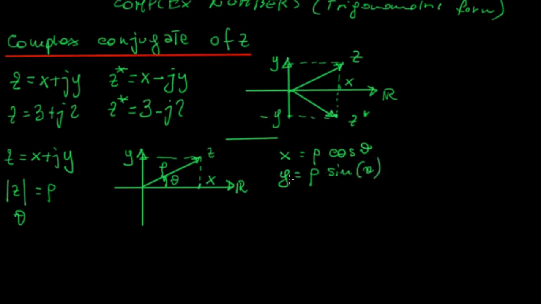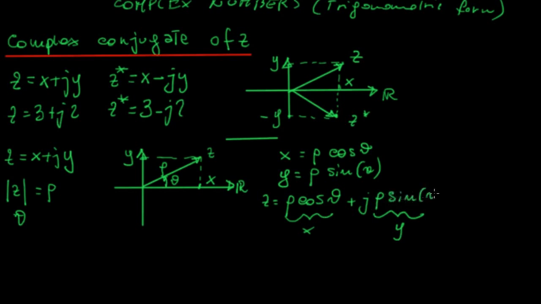Now, if we replace these two expressions in the Cartesian form, what do we get? Simply that z is given by x plus j y, but x is rho times the cosine of theta, and y is rho times the sine of theta.